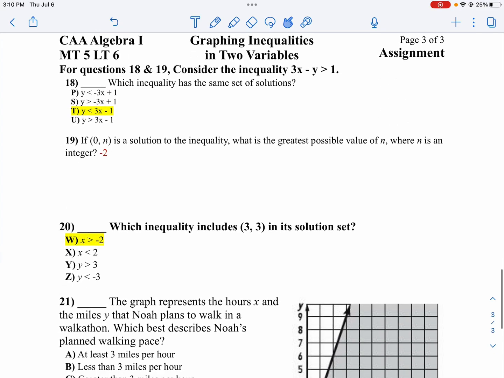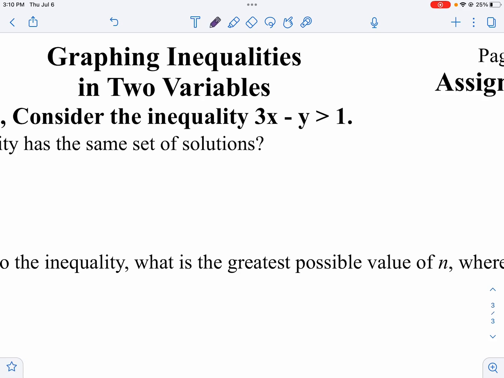Number 18. Which inequality of these has the same solution set? So let's get y by itself, because they'll have y by itself, don't they? Make this a little bit bigger here. So I'm going to minus 3x from both sides.